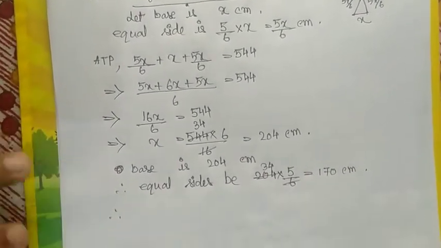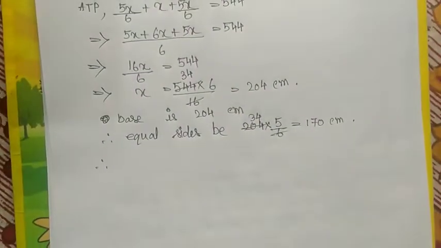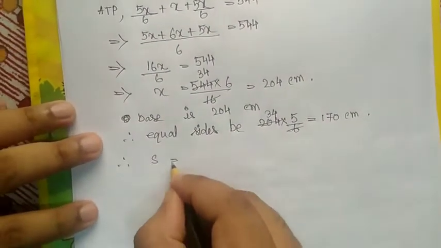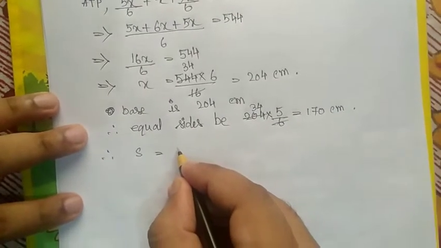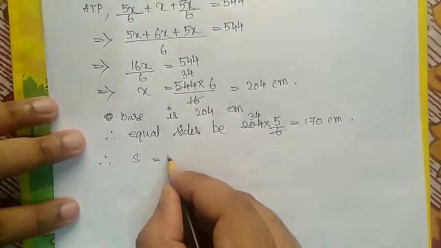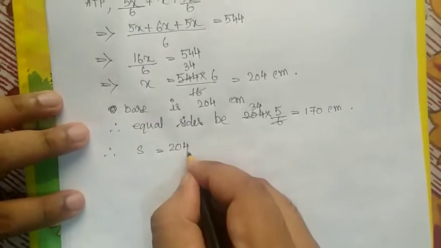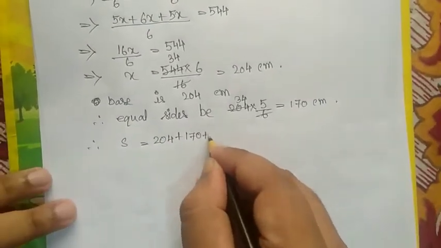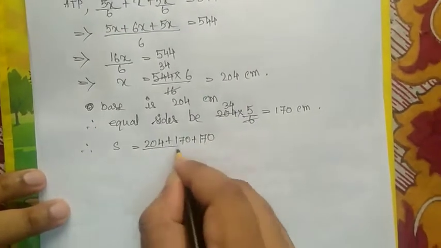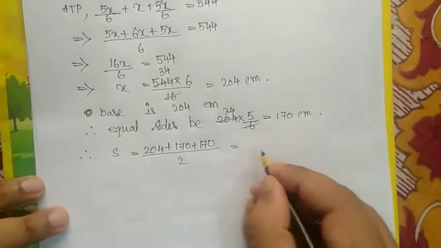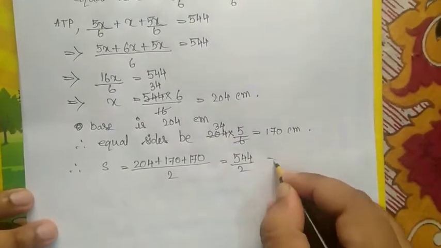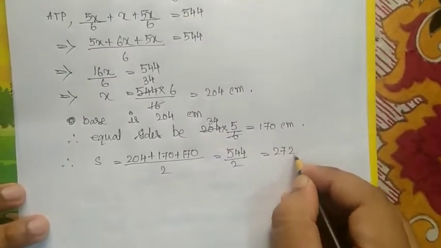So if we're gonna find the area of the triangle, we're gonna use Heron's formula. S equal to a plus b plus c by 2, means 204 plus 170 plus 170 by 2, means 544 by 2, means 272.